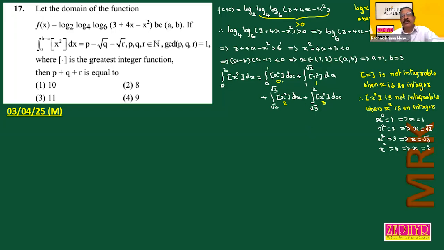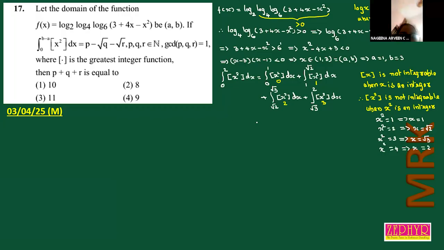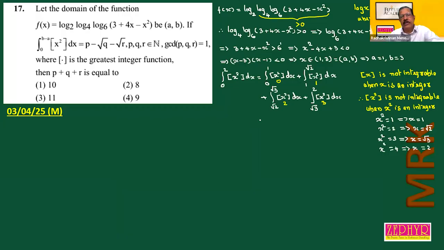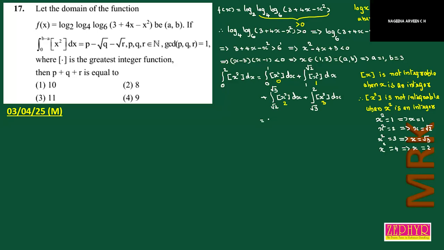So we have to replace the greatest integer function with the corresponding value. So we find, let's say, the type of questions. First integral value is 0.